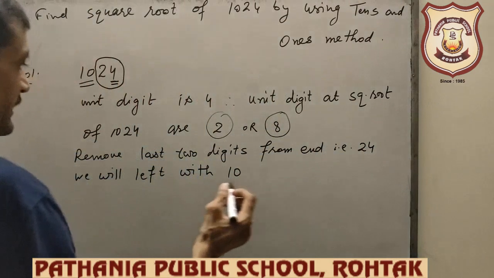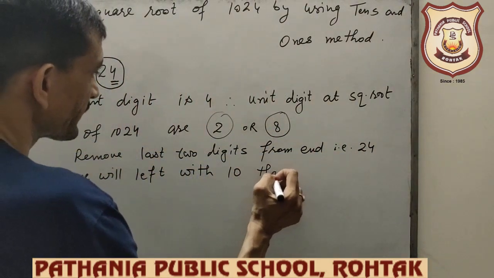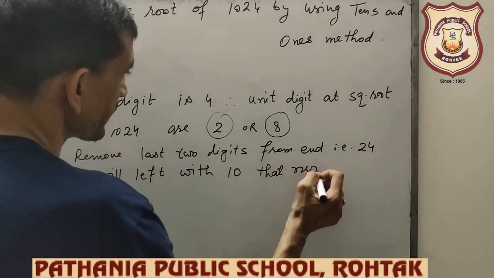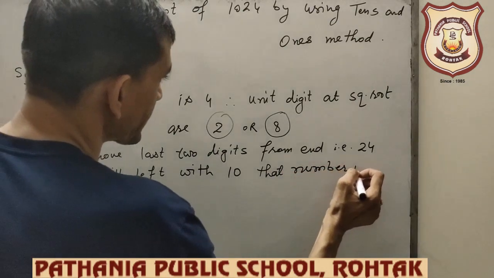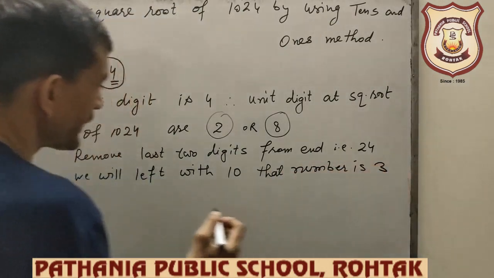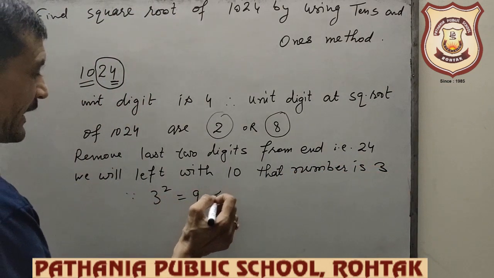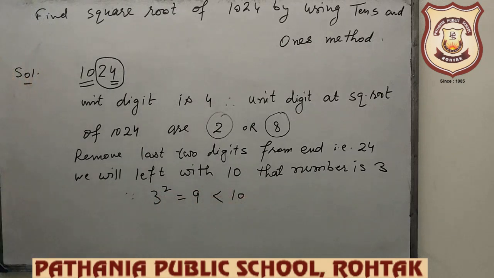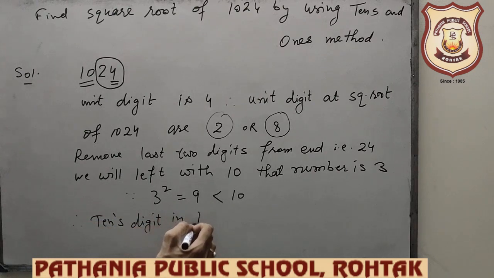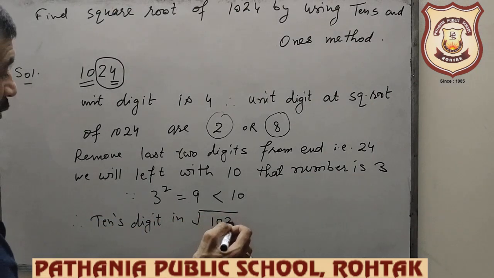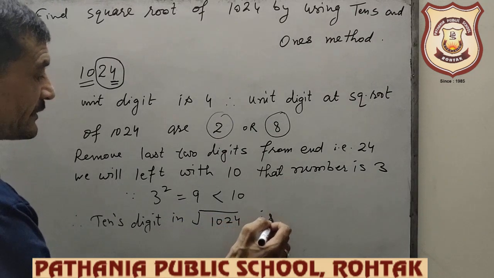So that number is 3, because 3 square is 9, and 9 is just less than 10. So the tens digit in the square root of 1024 is 3.